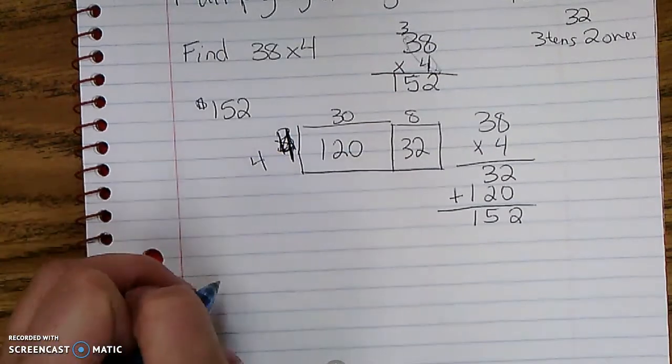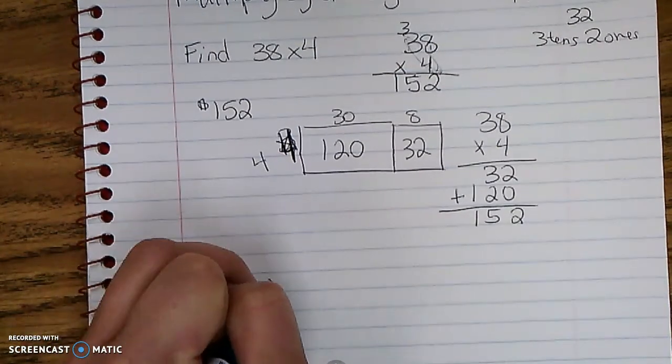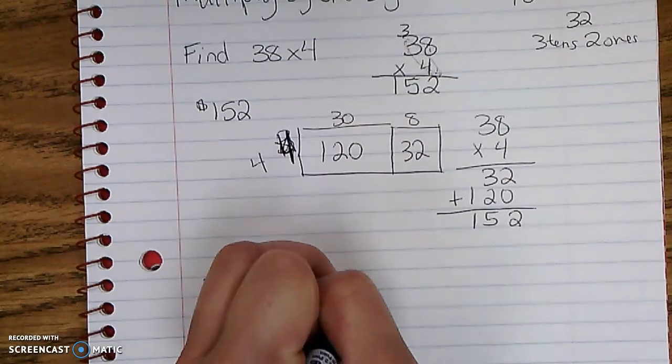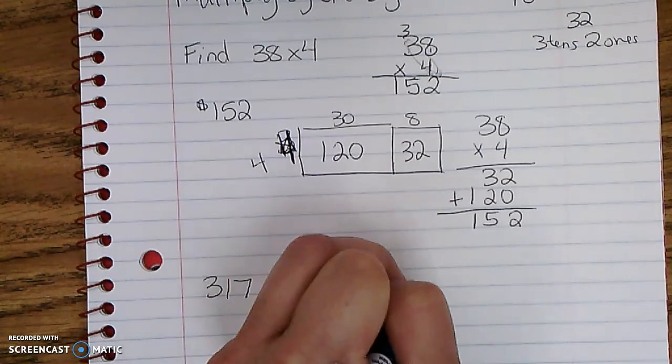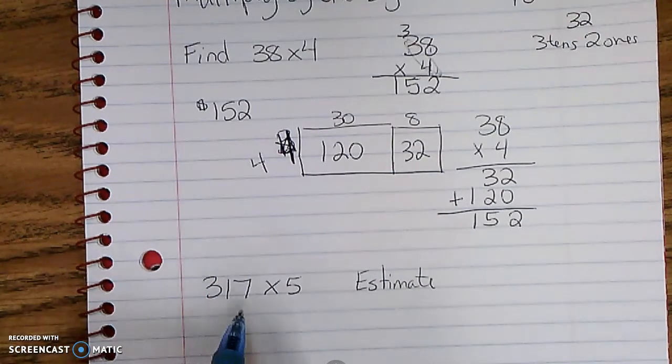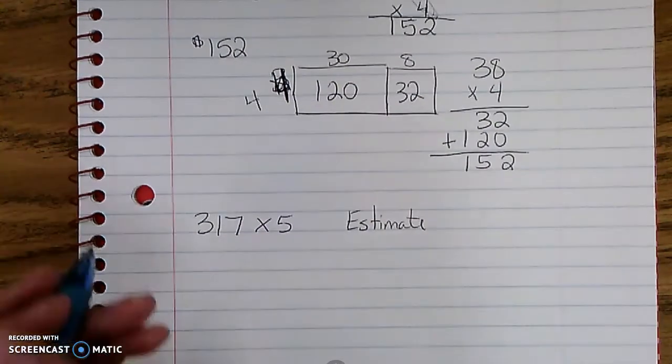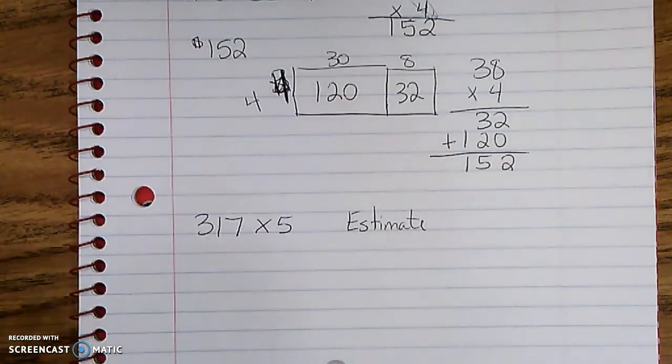What if we tried 317 times 5? What they want you to do first is to estimate this first, just so you have an idea of where your answer should be close to. If I estimate this, I would round this 317 to the closest 100, because 100 is the greatest place value.